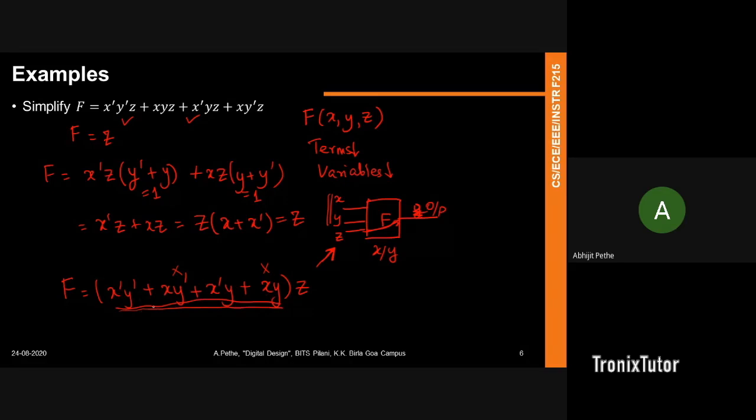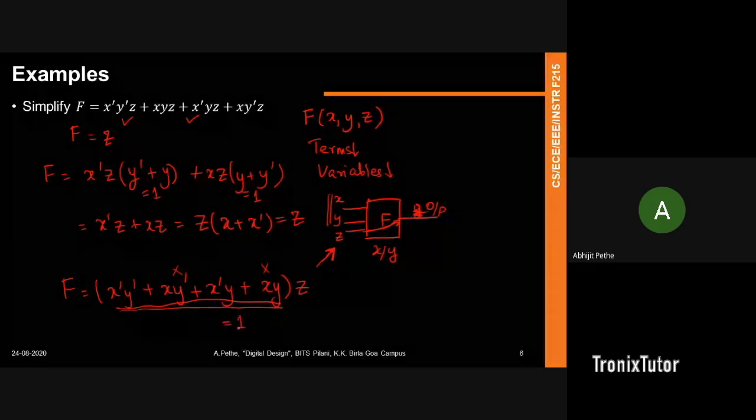Again, when we finish a few more lectures in the class, you'll be easily able to identify what this is. And you'll see that this is always going to be 1, which means that f is always going to be z, right? So given any Boolean expression, you should be able to minimize it using the Boolean laws that we've just gone through, Boolean theorems. We'll also look at a simplified method.